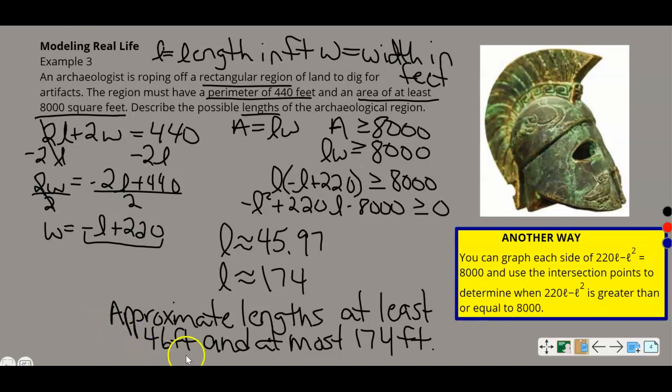But since it's an approximate length and it's a range of numbers, depending on what number you choose for the length would determine what value you could use for the width that would still make this true. But since our question said describe the possible length of the region, then this has answered the question. But just be aware that that's how it kind of all works together.